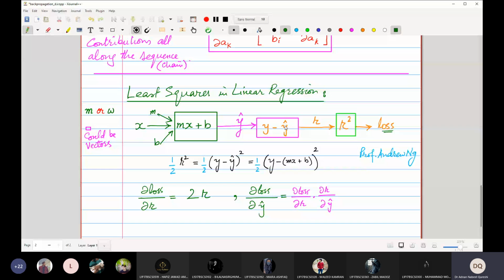So the answer will be 2r. ये आ गया इस वाले का, multiplied with -1. Are you all following it? ये -1 कहाँ से आया?